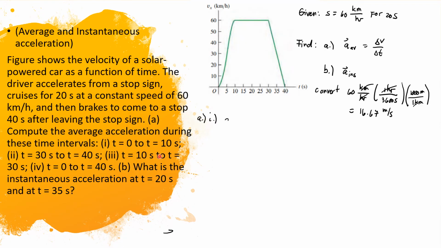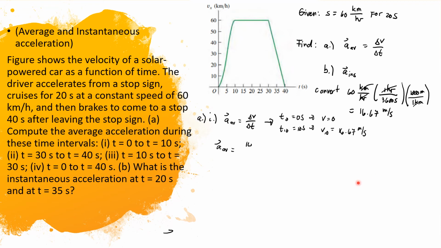For letter A, the average acceleration at time interval 0 to 10 seconds. Again, this is the change of velocity over the change in time. So at time 0 seconds, our velocity is 0. And at time 10 seconds, our velocity is 60 kilometers per hour or equal to 16.67 meters per second.